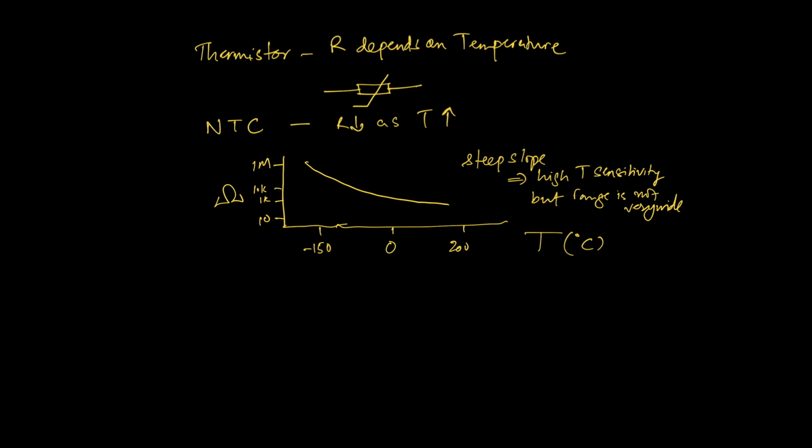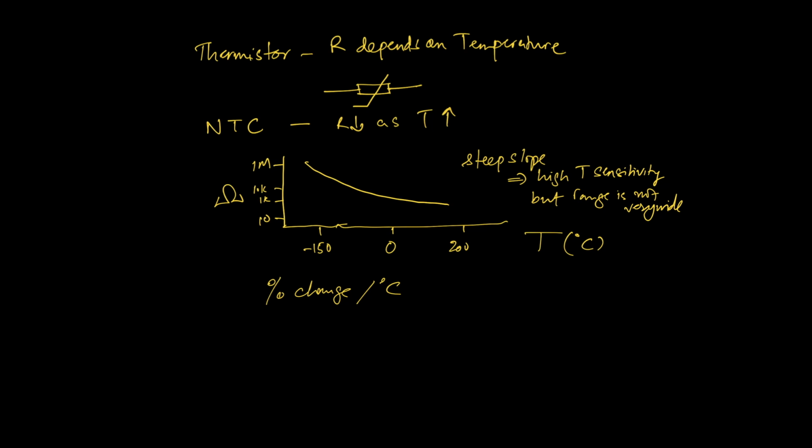In terms of how you measure this, the temperature sensitivity of an NTC sensor is usually expressed as a percentage change. So you don't say how many ohms have changed, but you just say percentage change per degrees Celsius. Depending on the material used or the specifics of the production process, typical values are going to range from minus 3% per Celsius to 6% per Celsius, in that kind of range.